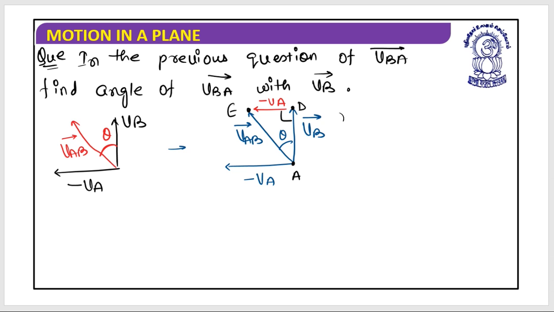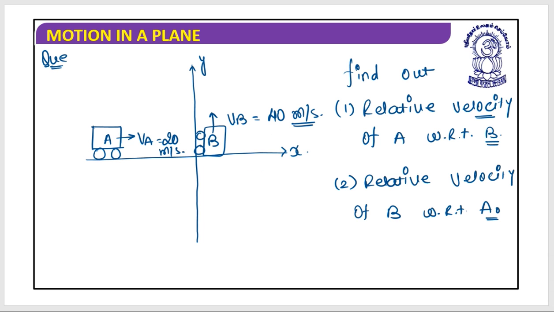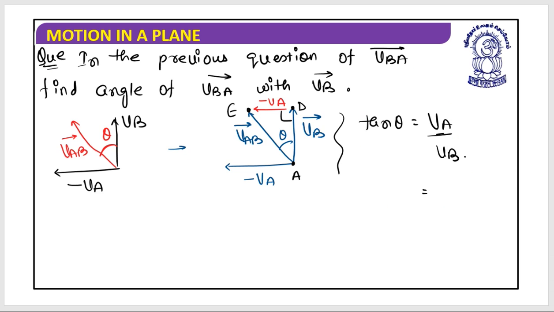So from this diagram what I can write is tan theta is equal to VA divided by VB. Now velocity of A, what was it? Yes, it's 20, and velocity of B is 40. So this is 20 divided by 40, it's 1 by 2, that is equal to tan theta.